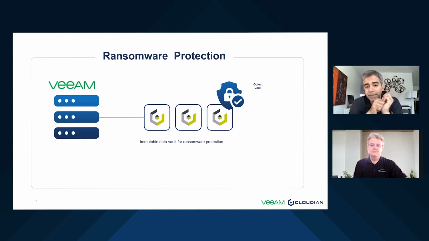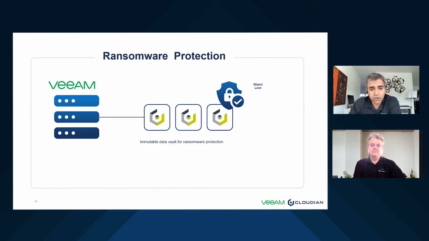From a Cloudian perspective, we are the first on-prem object storage to have native support for S3 object lock. In fact, at the development stage, Veeam and Cloudian worked very closely together, ensuring good compatibility with what we were building on the immutability side. And since this is standards based, it works seamlessly right from day one.